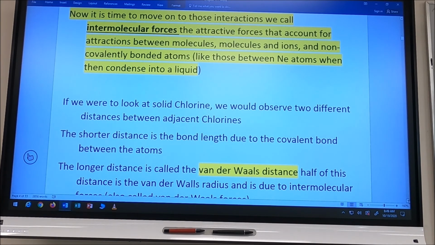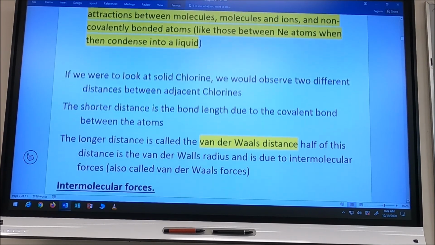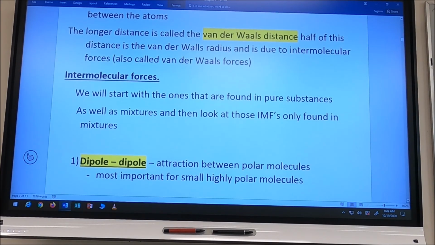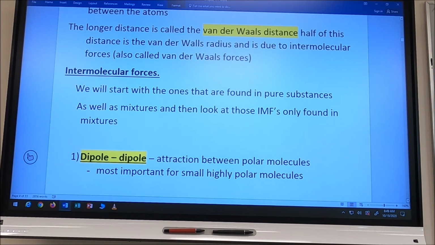The van der Waals distance is referring to the distance between two chlorine atoms that are involved in an intermolecular interaction, not a bonding force. Okay? So there's two differences.